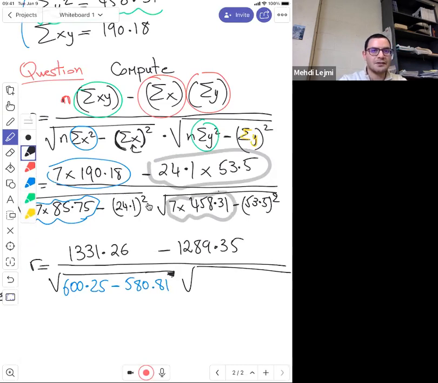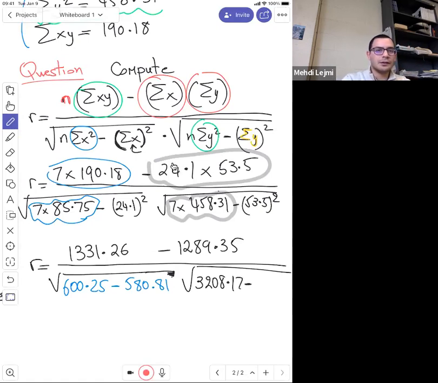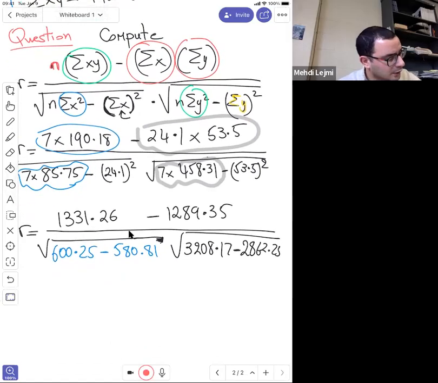So 7 times 458.31 will be equal to 3,208.17, minus, and then there is this square, this 53.5 squared, so that's 53.5 times 53.5. And that will be equal to 2,862.25.